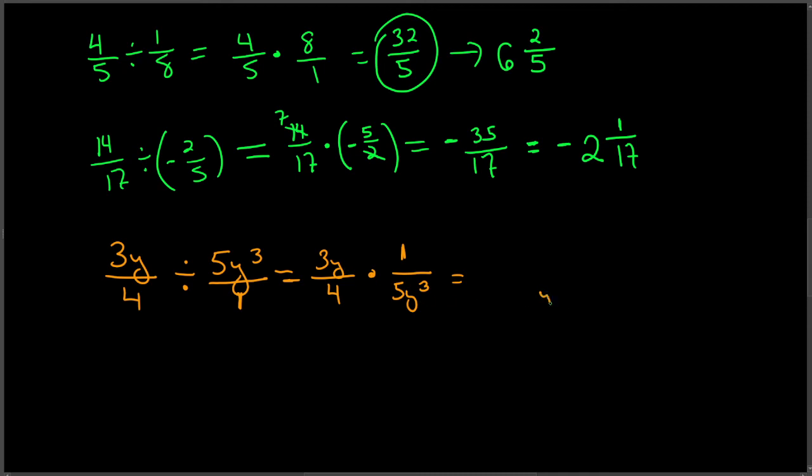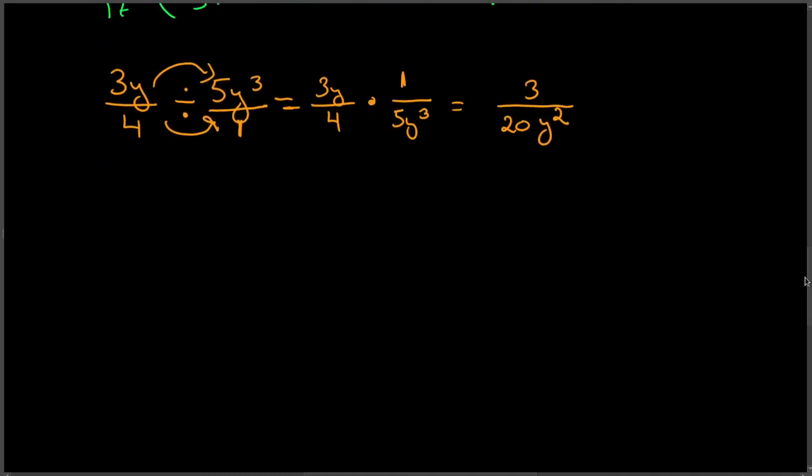So my y is going to be downstairs, and it's going to subtract power, so 3 minus 1, it's going to be a y squared. Upstairs I have 3 times 1, that's 3, and 4 times 5, 20. And so the thing that we end up wanting to keep doing is really make sure that our numerators line up and our denominators line up and our operations go across.